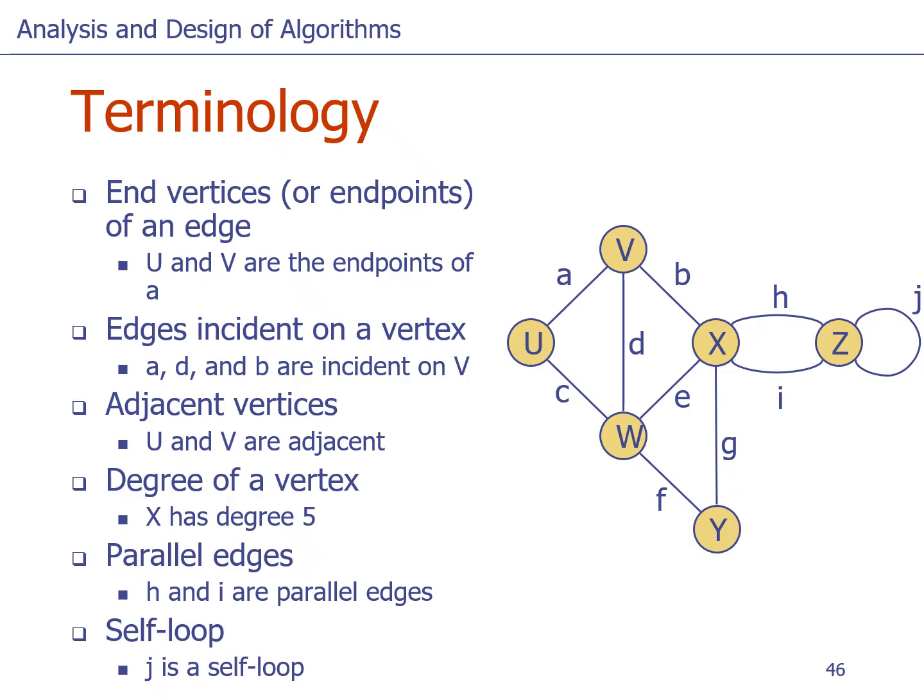For example, here Y's degree is 2 because it has G and F connected to it. We'll also talk about parallel edges, where you have two edges that take you back and forth between two vertices like H and I. And we also have loops as well, as you see with J.